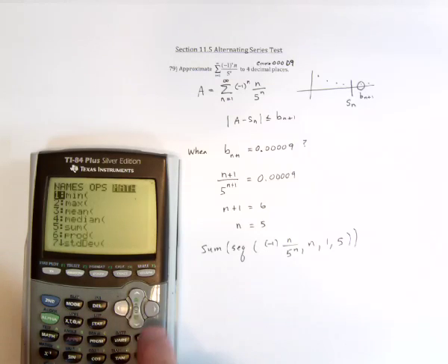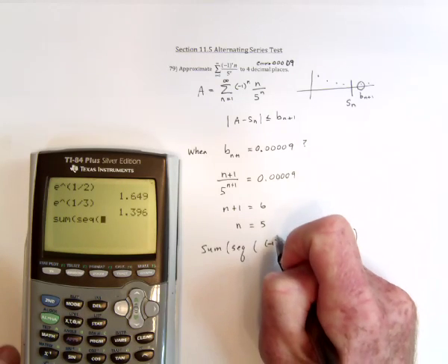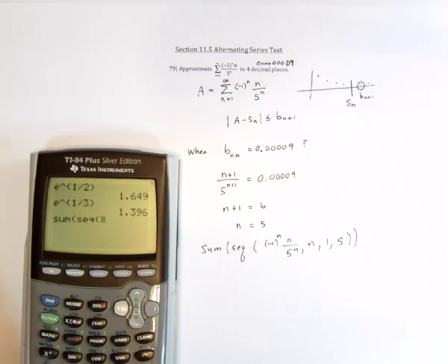So we need sum sequence, forgot my n right there, -1 to the, right now the calculator's in x mode, so that's fine, and then times x divided by 5 to the x, with x going from 1 to 5.